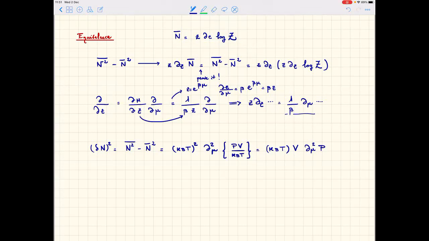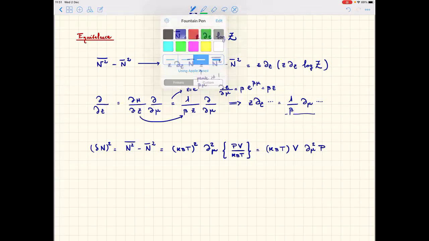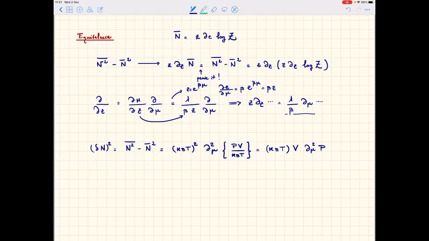So in order to rewrite everything in terms of the compressibility, I have to remember a few things. Number one is the following. First of all, the pressure is equal to minus dF/dV. And second, the chemical potential, as we already said, is dF/dN.